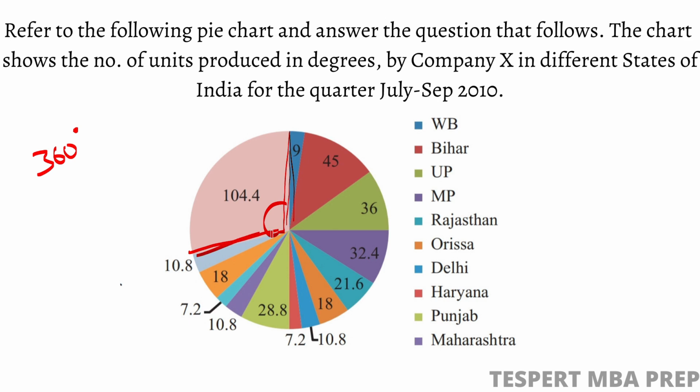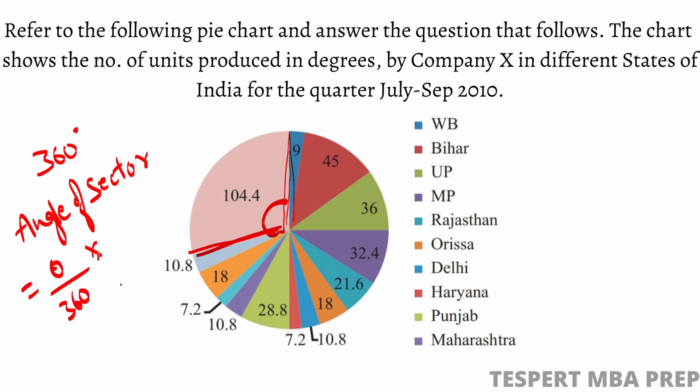So in order to calculate the value of a particular sector, we must take the angle of that. So the value of a sector will be theta by 360 into pi r square. This is one thing, and we can also use this one, theta by 360 into total value.